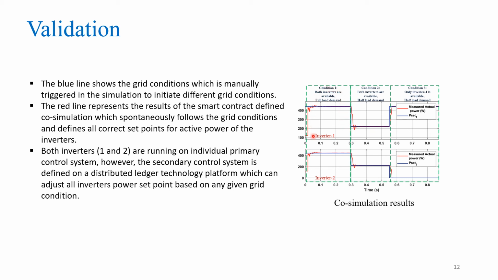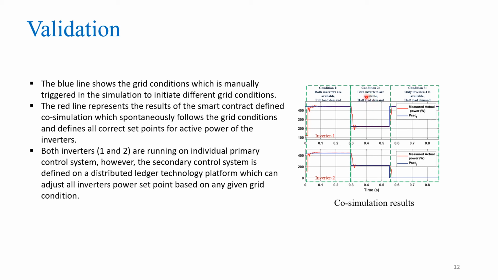During the first condition, both inverters were available and the load demand was the maximum, so both inverters should supply at their maximum capacity. That is what the primary and secondary control was doing.